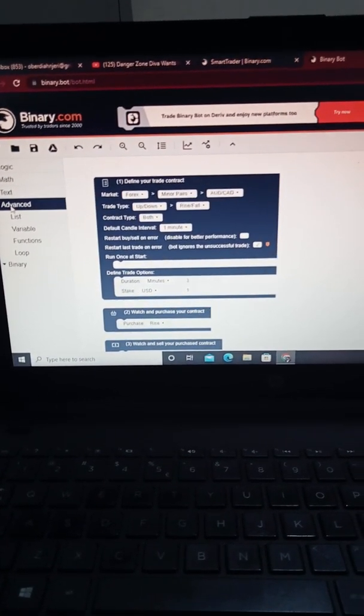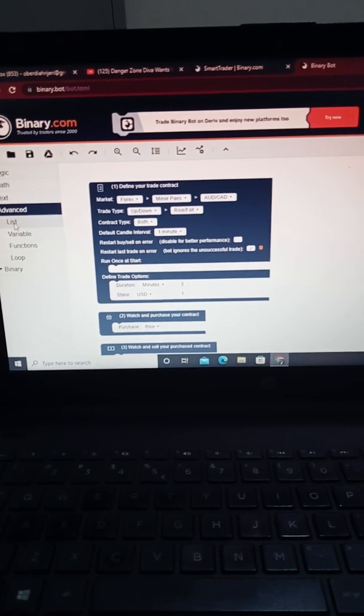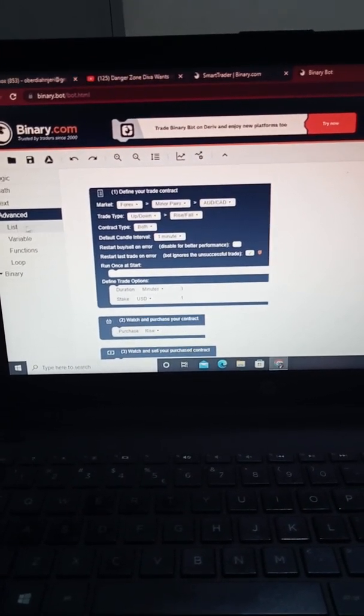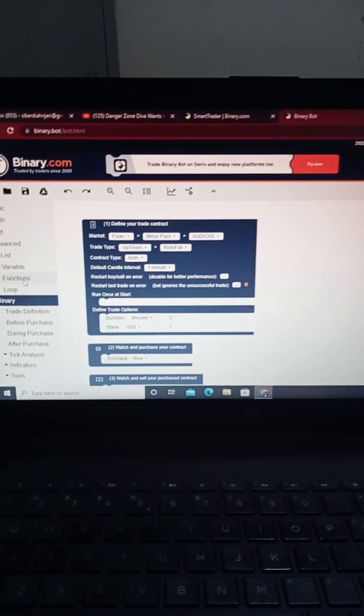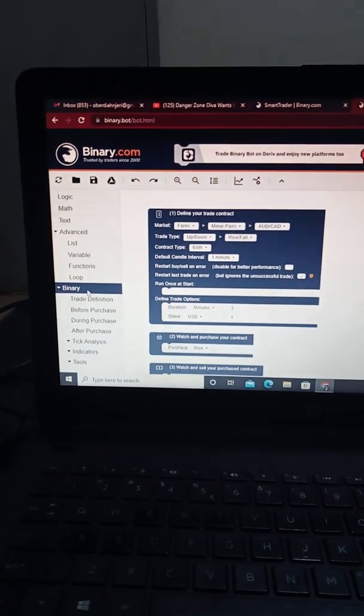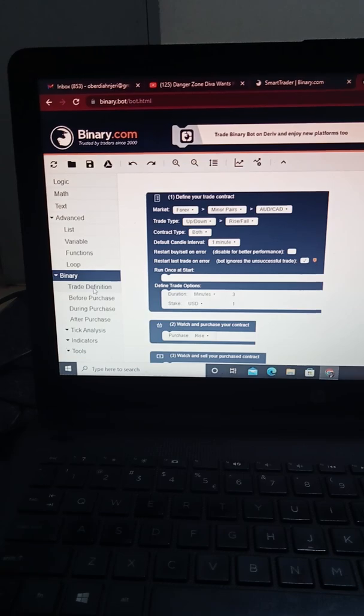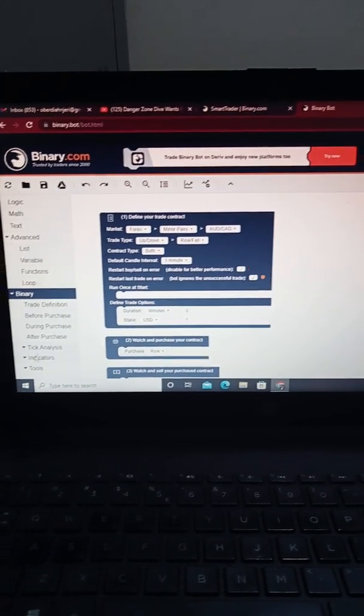It has several affordances. It has the advanced level whereby you can input your list, variable, functions, loop, the binary trade definition, before purchase, during purchase, tick analysis, indicators and tools. But as for me, I have already made a bot that we are going to showcase right here.